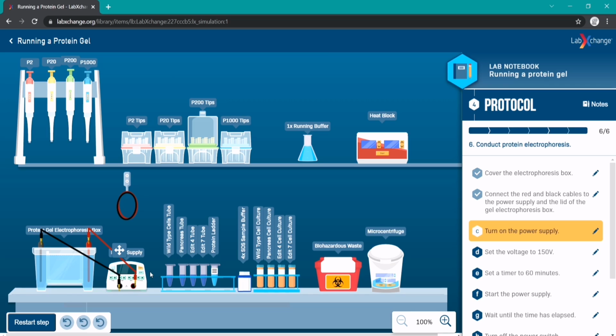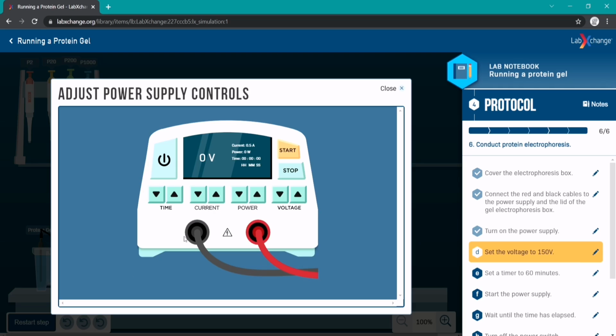Then, turn on the power supply. Now, set the voltage to 150 volts. Then, set a timer to 60 minutes. Then, start the power supply.